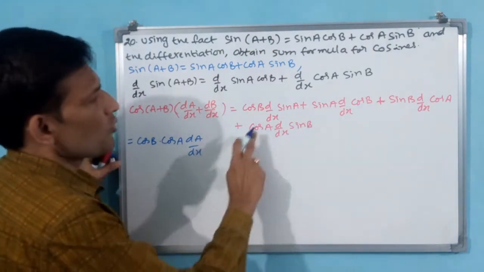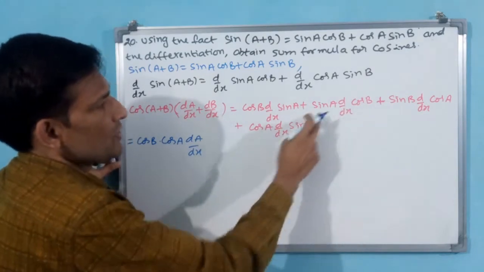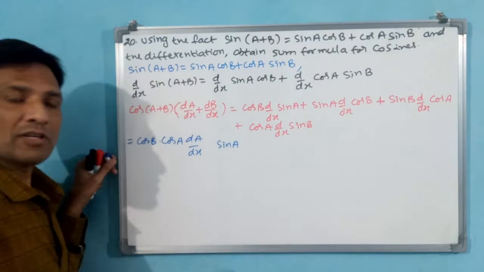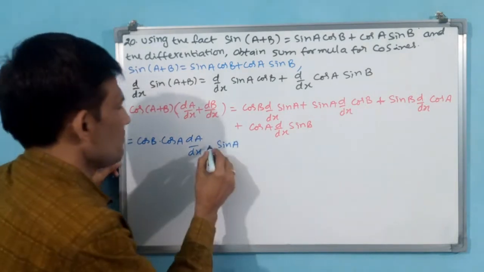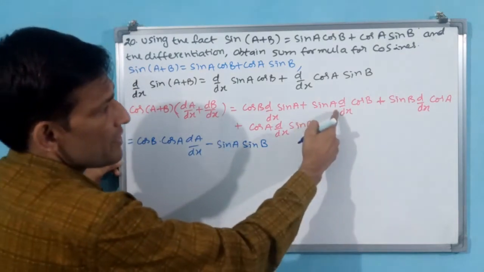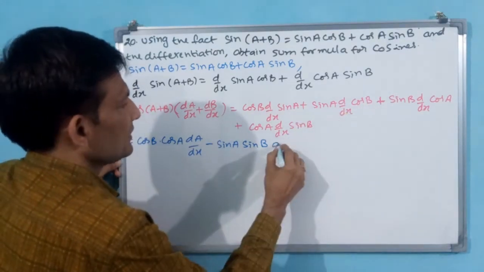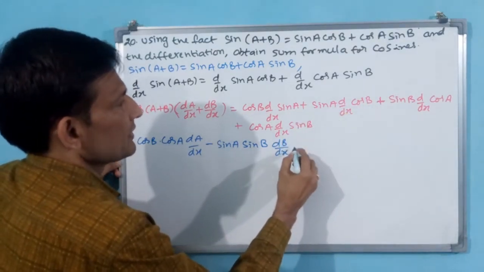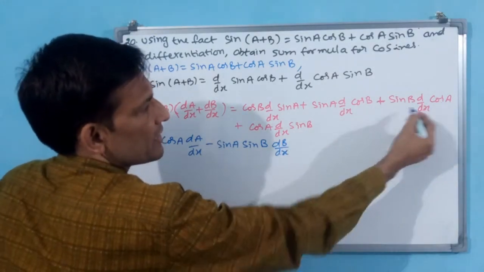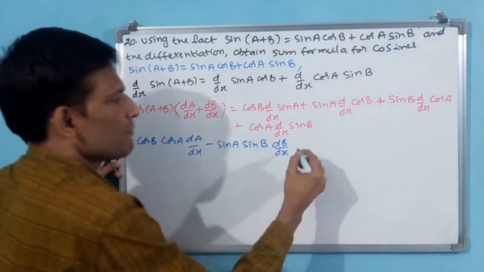Is it okay? Definitely okay. Okay. Now you don't put plus. Why? Because minus is going to come. Sin A you write. Okay. d by dx of cos B minus sin B. Right one. Minus sin B over, no. Again dB by dx. Okay. Now don't put plus. Why? Because again cos is there. Cos means it will come minus.